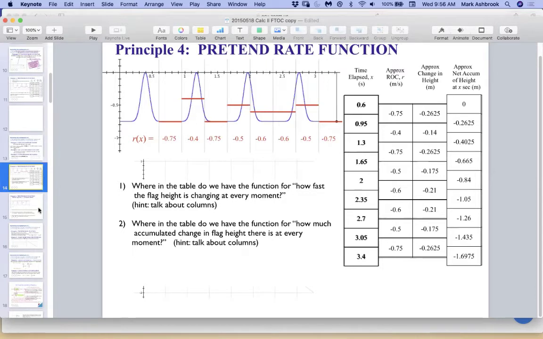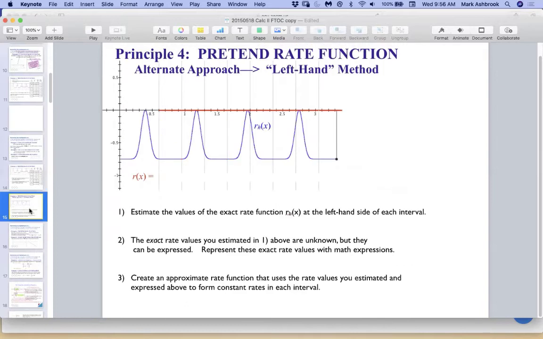Okay, so now we're gonna do a second way of approximating the pretend rate function, and this is called the left-hand method. This is a new way of creating that red approximate rate function, and it's a little more systematic. By doing it this way, if we did it separately, we'd all get the same thing.